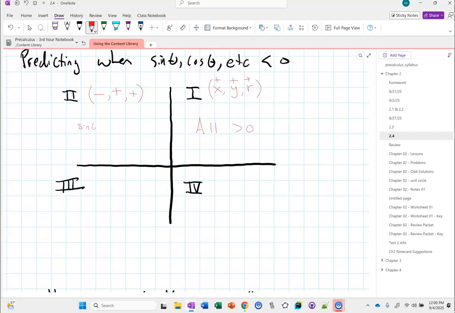So sine is greater than 0, cosine is less than 0, and tangent is less than 0, because all of them have an x in their formula. Yes? Sure. Everybody feel okay?